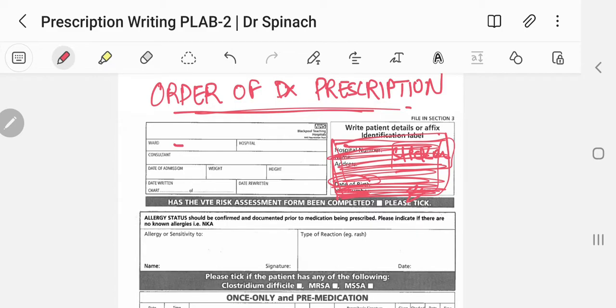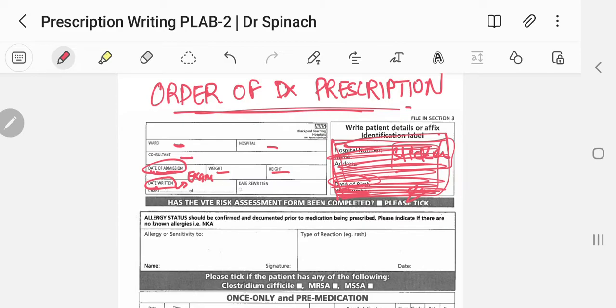So the ward number of the patient, the hospital, the name of the consultant who the patient is under, the date of admission is the date of your exam, then weight and height of the patient. Date written will also be the same date as the exam date, because you're writing both the prescription, admission and written on the same date.